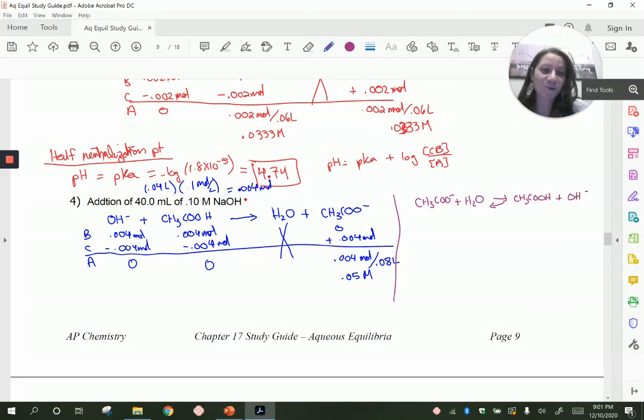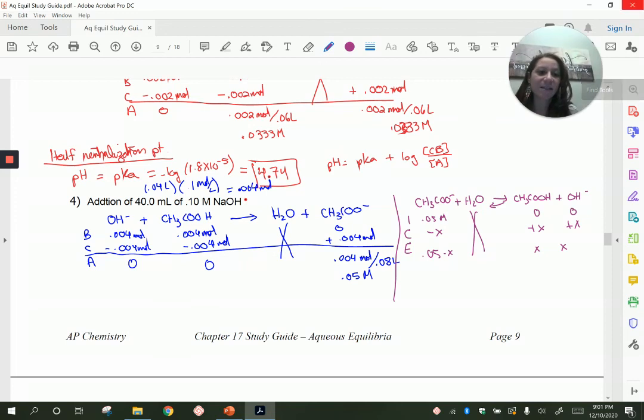And that's why it's not neutral, because it's forming some hydroxide ions. This is an ICE chart because it's an equilibrium. Initially, this is 0.05 molar. Don't care about the water. 0 and 0, minus x, plus x, 0.05 minus x, x, and x.